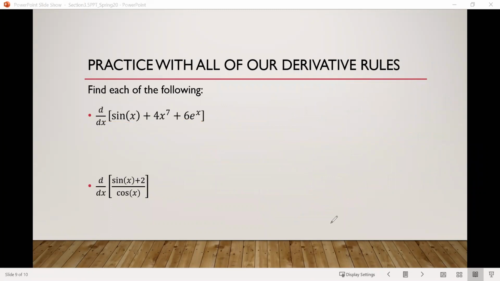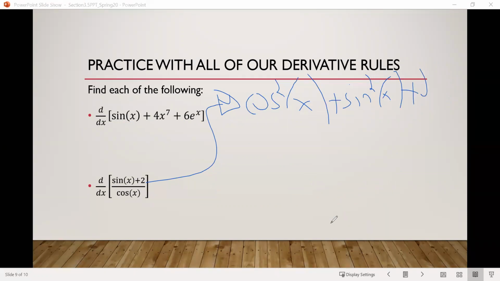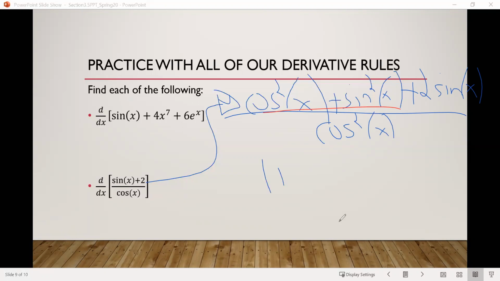If we do that, we'd end up with cosine squared of x plus sine squared of x, and then we'd have a plus 2 sine of x. And this is all still over cosine squared. And then here we have cosine squared plus sine squared. Remember, that's our Pythagorean identity, so that's the same as 1 plus 2 sine of x, all divided by cosine squared of x.